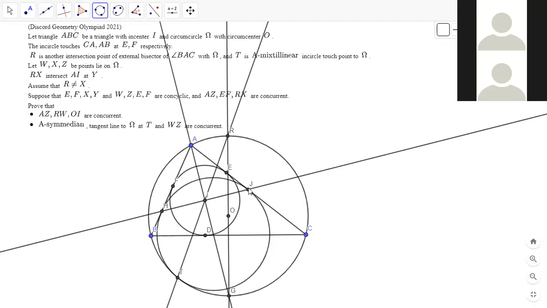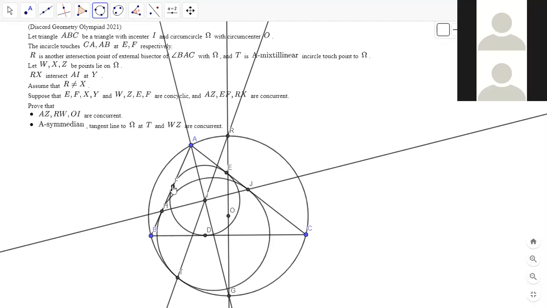Let W, X, and Z be points on the circle. Okay. So it says E, F, X, and Y are cyclic. So we want, oh, but Y isn't necessarily on a circle, but okay, W, Z, E, and F are cyclic. So that gives us some information.